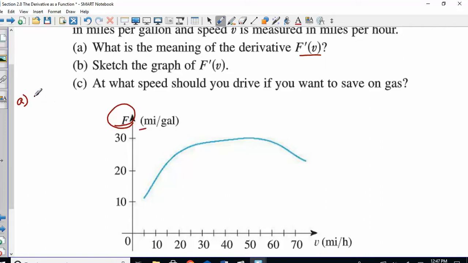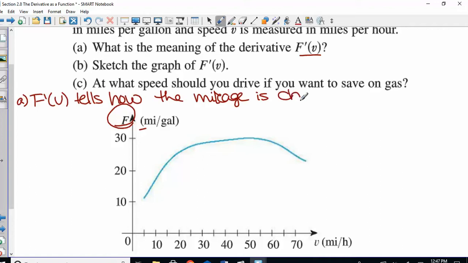So it's telling us how F, the mileage, is changing depending on V, which is our speed.